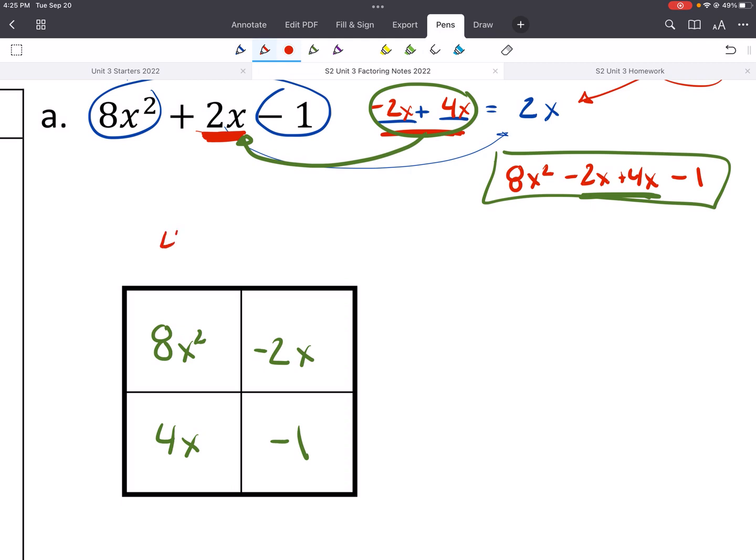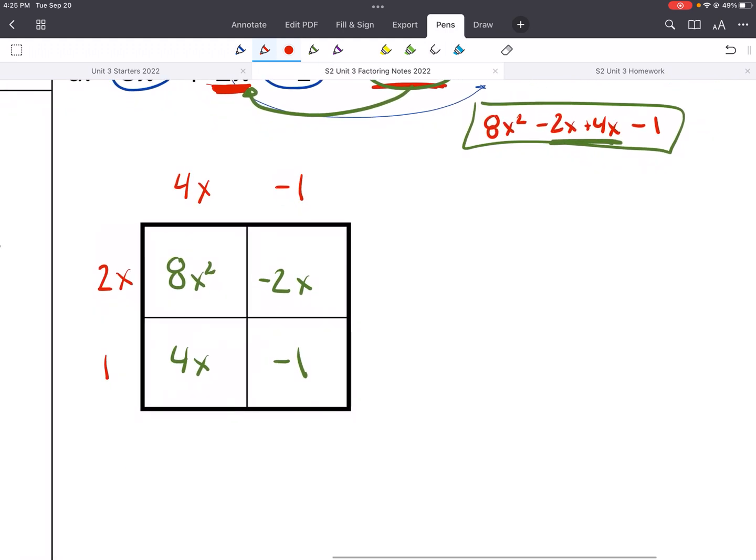So here we've got 4 and x. We've got negative 1. Here we've got 2 and x. And here another 1. We'll write down our binomials, our factors. Our factors would be 4x minus 1, and the other factor would be 2x plus 1.